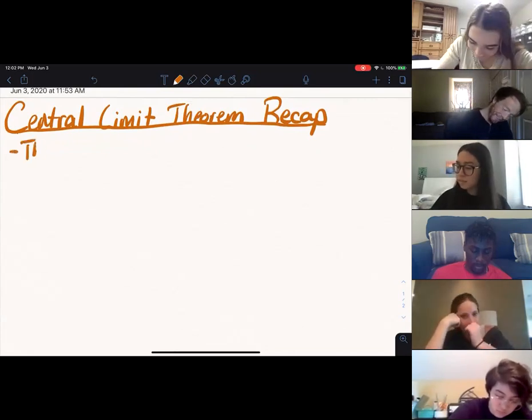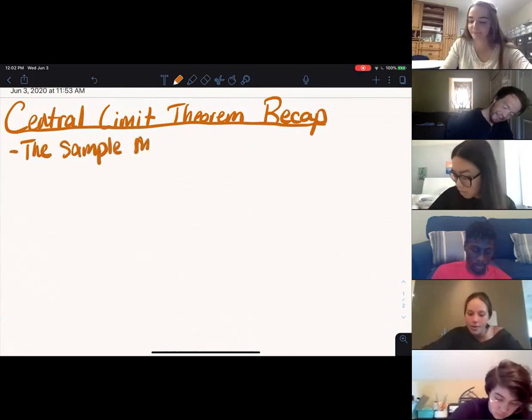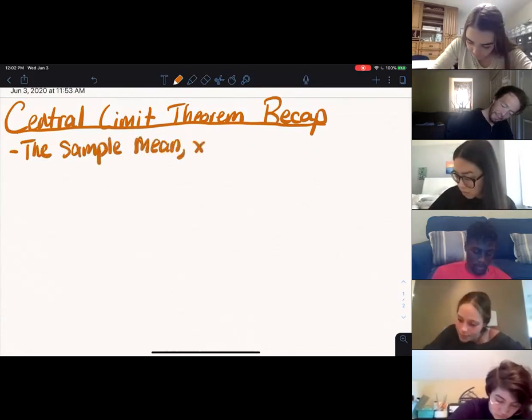The first big idea is that the sample mean, x bar, is itself a random variable.